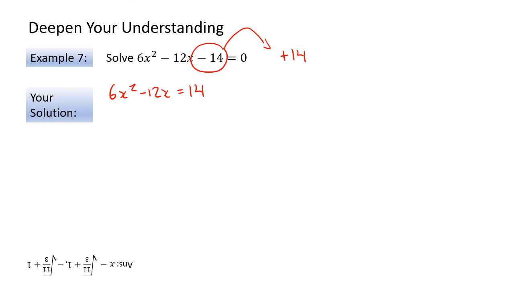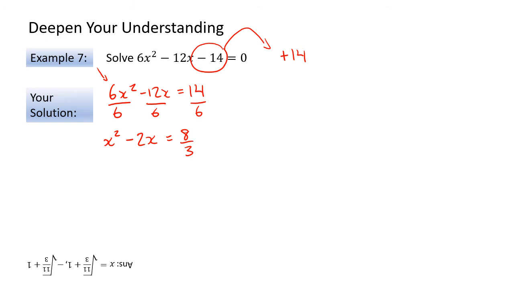Now, we have to remove the coefficient behind the x squared term, and we do that by dividing every term by 6. 6 divided by 6, we have just x squared, minus 12 divided by 6 is 2, so minus 2x, is equal to 14 divided by 6, which we can write in lowest terms as 8 divided by 3.